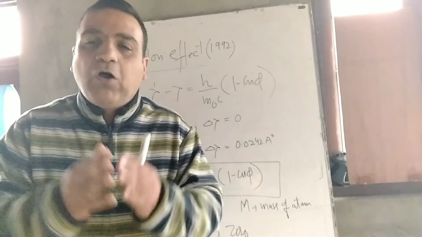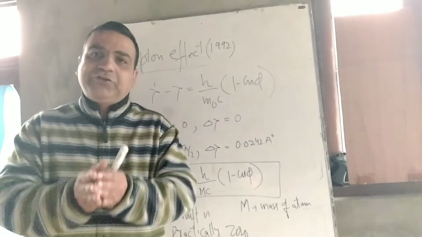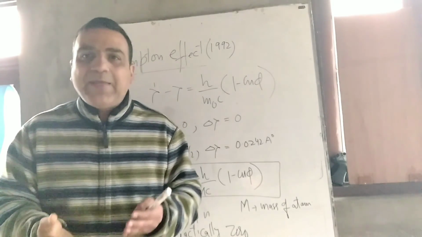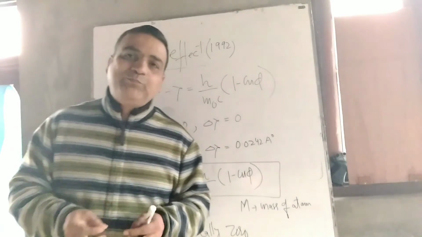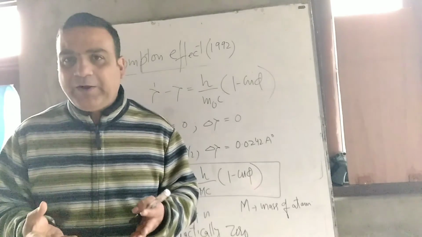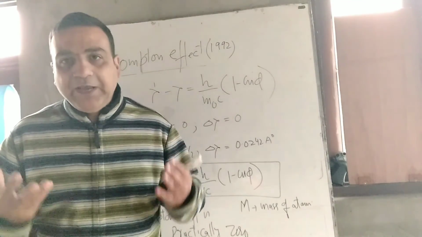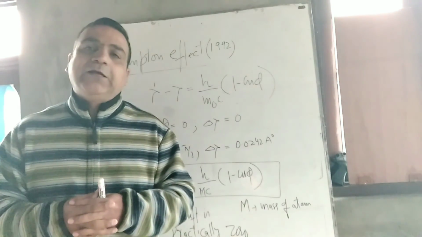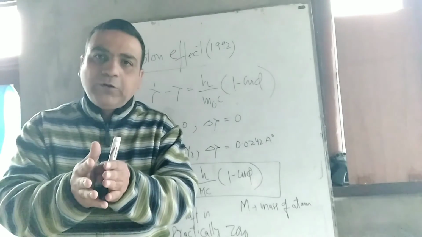The frequency of the scattered radiation will be the same as the frequency of the incident radiation. I hope you will at least get the feel of this theoretical explanation given to the collision process between the photons and electrons.